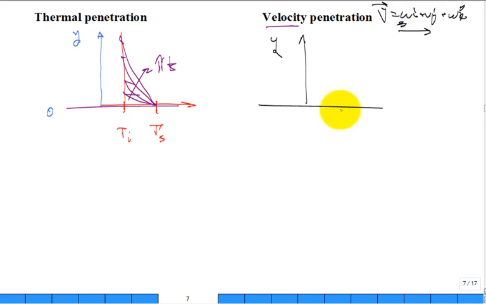For the similarity between these two, where we're going to talk about a penetration depth into a semi-infinite material or a semi-infinite fluid, I need to think about the fluid initially being all at rest. All of the fluid's at rest. So I'm going to plot u on the x-axis for our velocity, and it's all at rest.